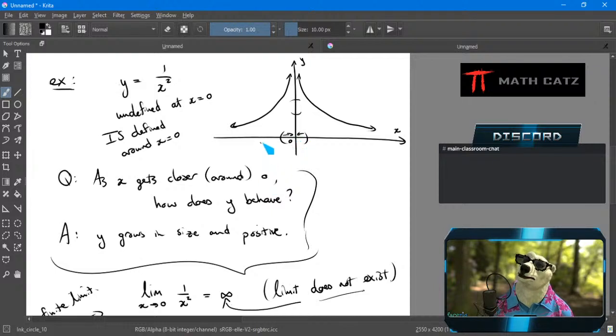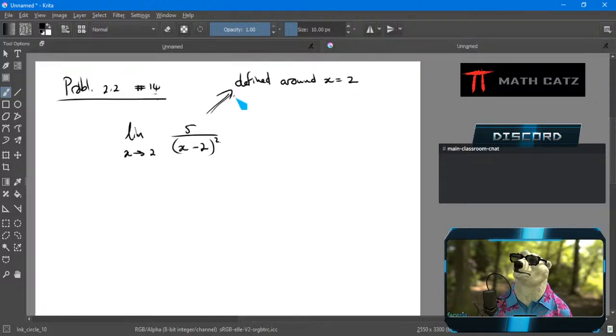It's concerned with what the function is hinting at, which way it is going as I get closer to that x value. I will never be there. So we only require that the function is defined around the x value, not at the x value.